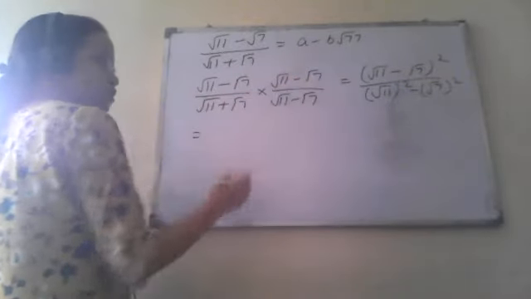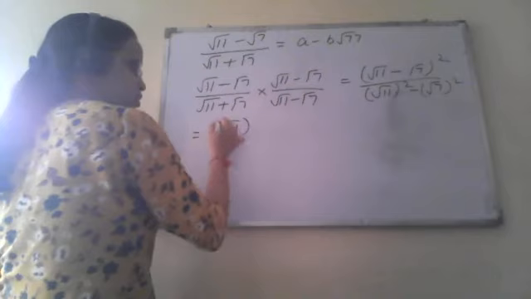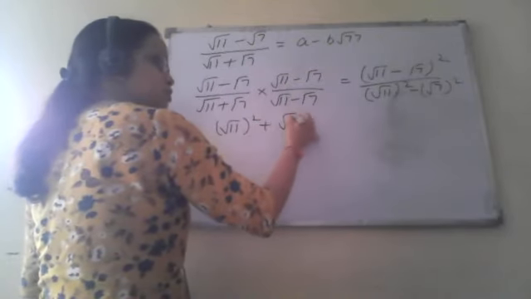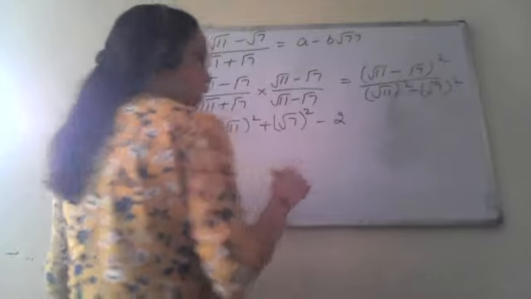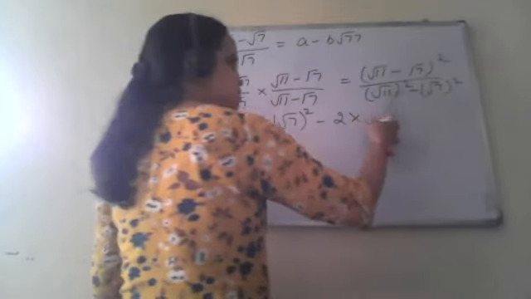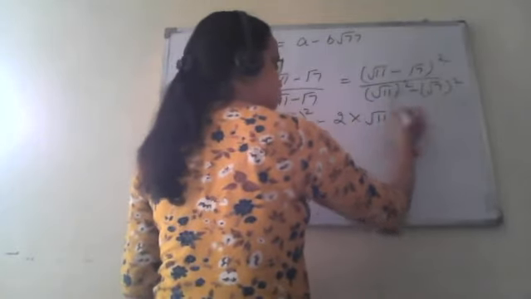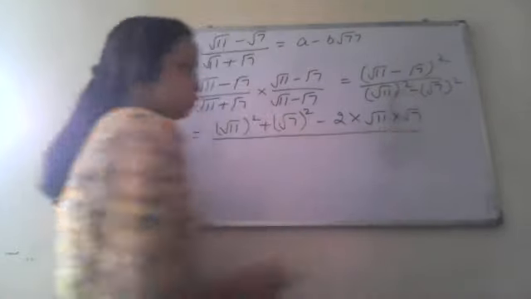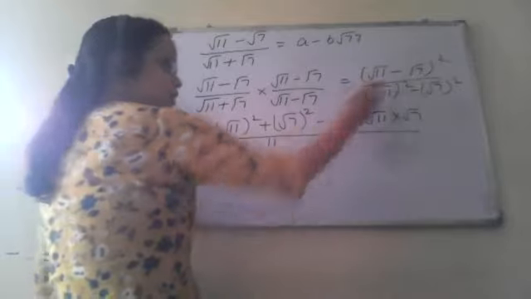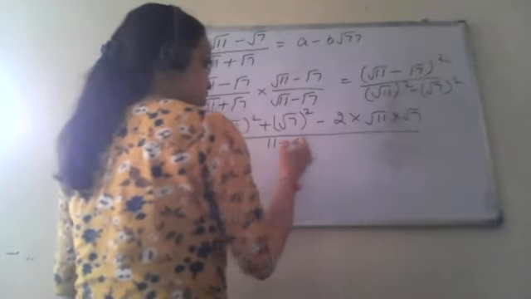So a minus b whole square is a square plus b square minus 2ab, that is root 11 square plus root 7 square minus 2 into root 11 into root 7. So root 11 square is 11 and root 7 square is 7.